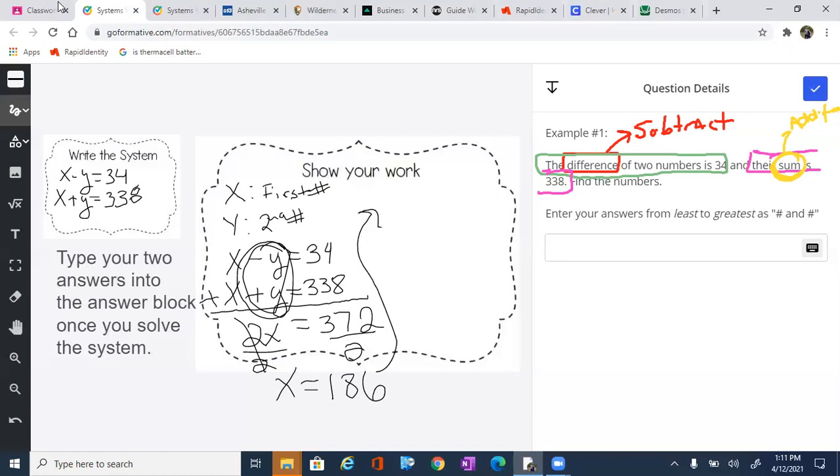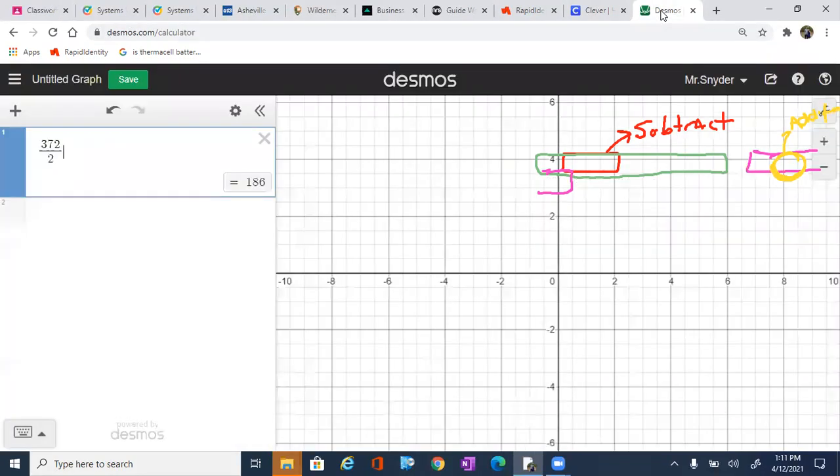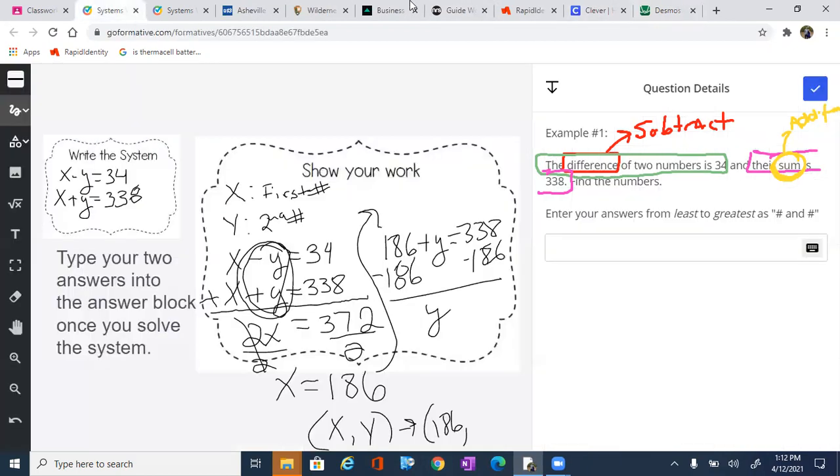So I'd say x is 186, and I'm going to plug that 186 into any one of the equations. 186 plus y equals 338, and I'm going to solve for the other value by subtracting 186. 338 minus 186 brings us to 152. So y equals 152.